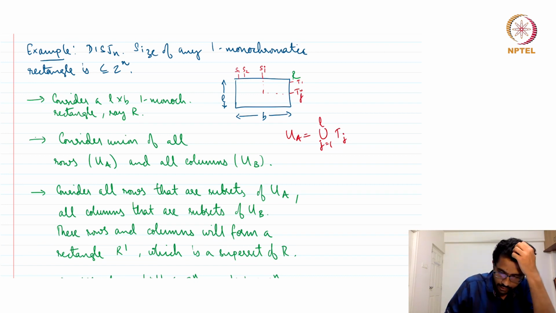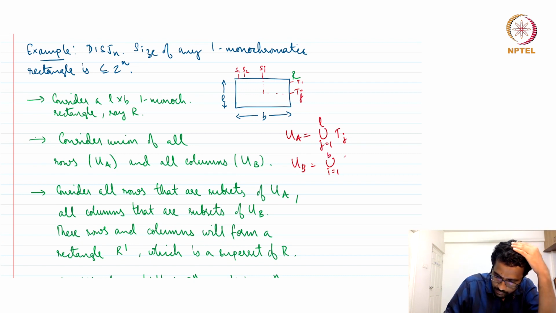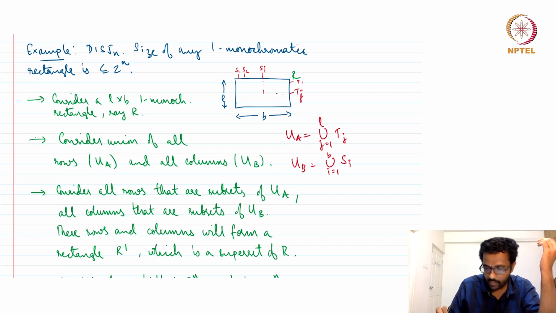Okay. And UB is the union of all the columns, i equal to 1 to B, of Si. So when I say union, I mean the union of the sets denoted by the rows, and the union of the sets denoted by the columns. Okay. So now any Si is disjoint with any Tj, right?